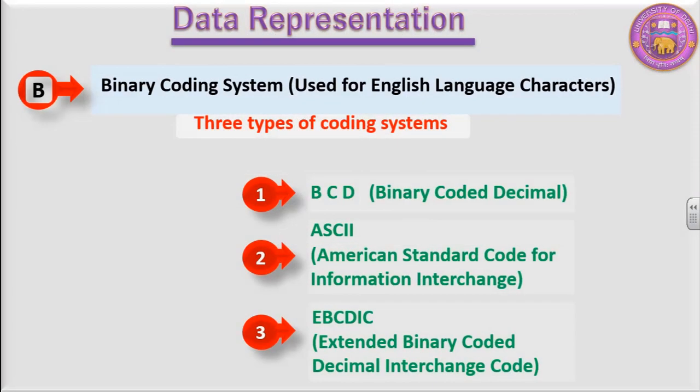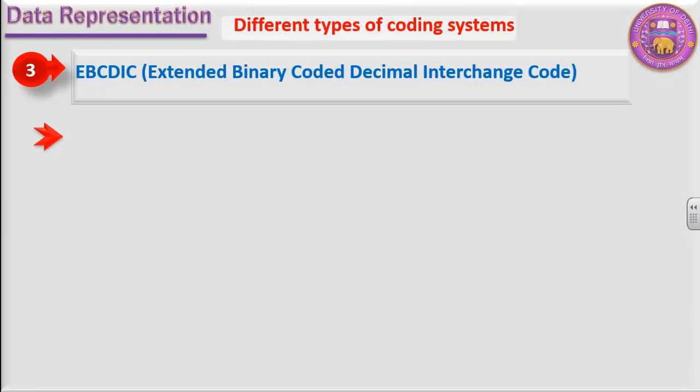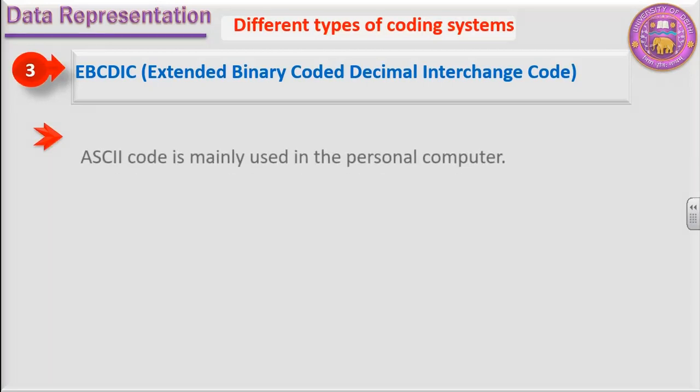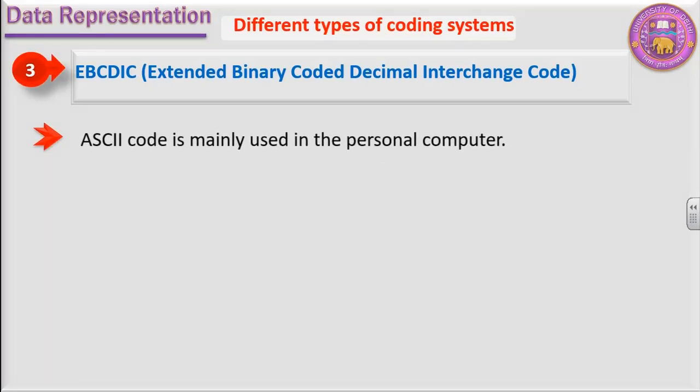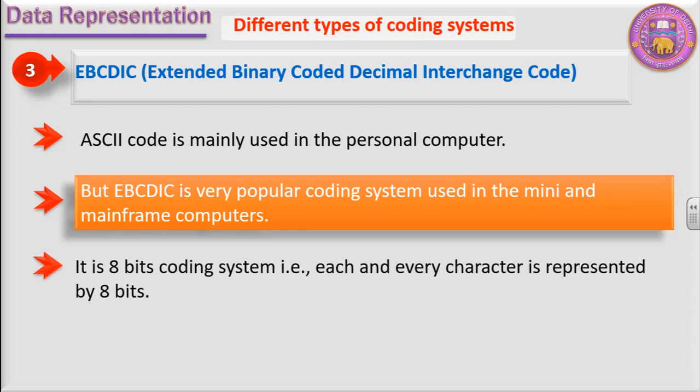Now let us talk about it in detail. EBCDIC, Extended Binary Coded Decimal Interchange Code. ASCII code is mainly used in the personal computer, but EBCDIC is a very popular coding system used in the minicomputers and mainframe computers. It is an 8 bits coding system, that is each and every character is represented by 8 bits.